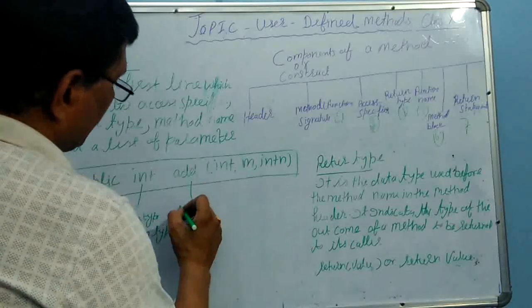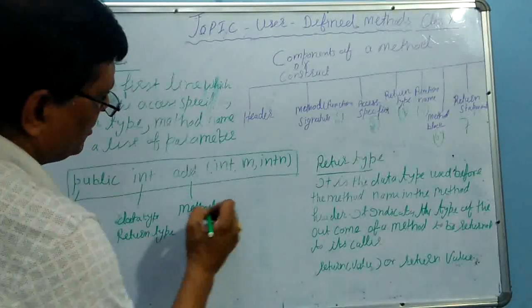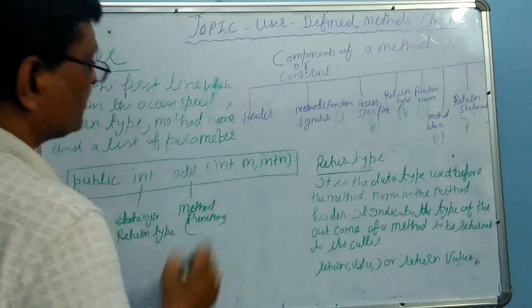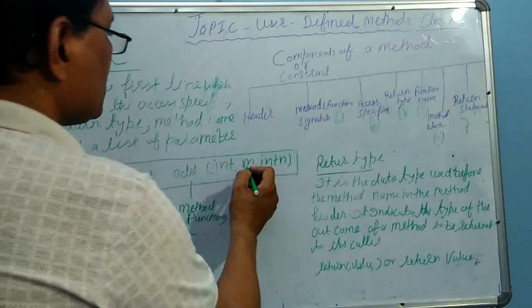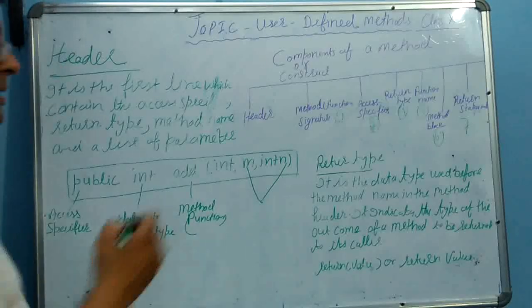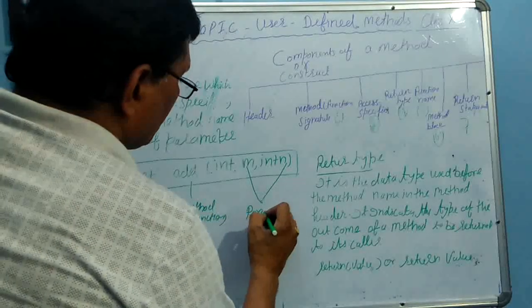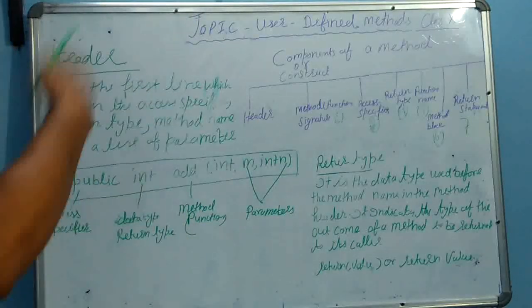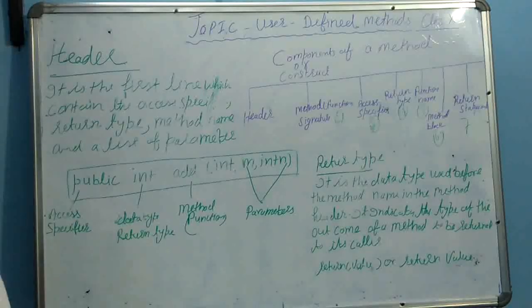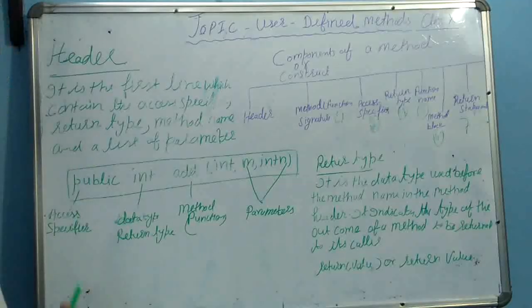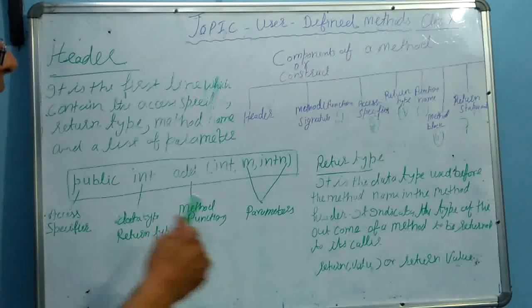That is the method, or you can say function, and these are the parameters. So like this we can define the headers. This is the first line. In the first line we have to use the access specifier, the return data type, the method function name, and the parameters also.